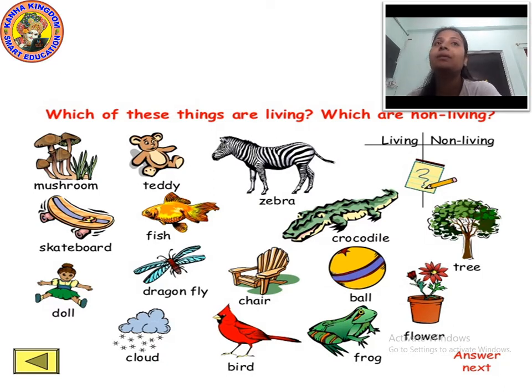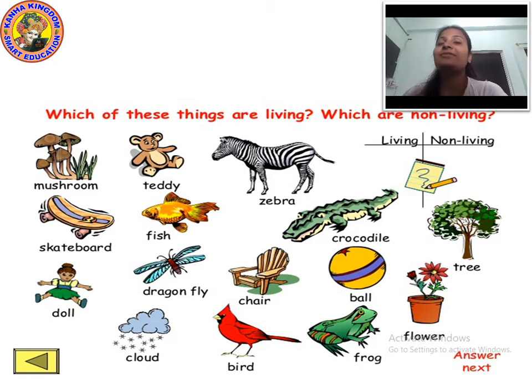Tell me, is peas a living thing or a non-living thing? Yes, peas is a living thing. Next is crocodile. Is crocodile a living thing or non-living thing? Crocodile is also a living thing.